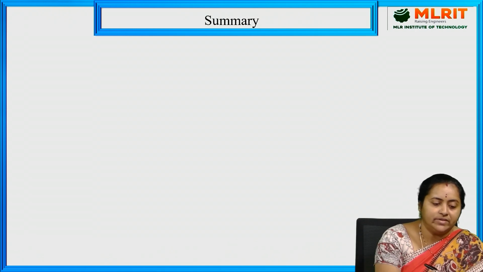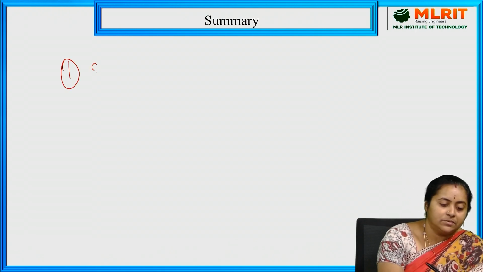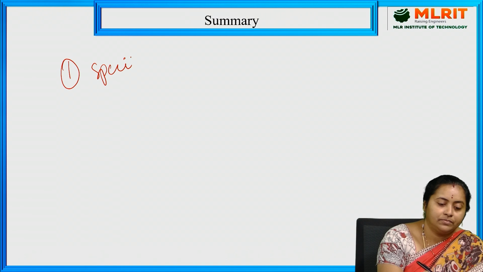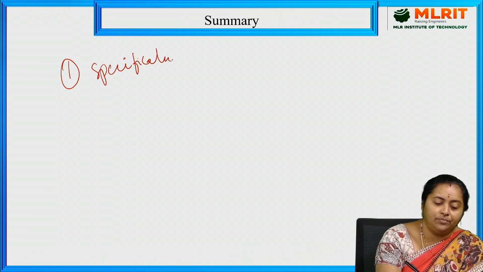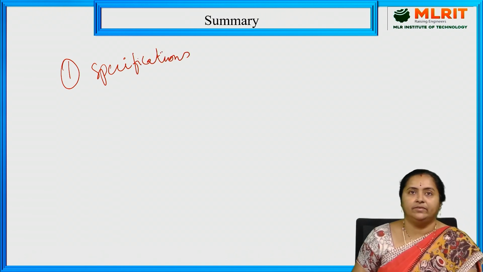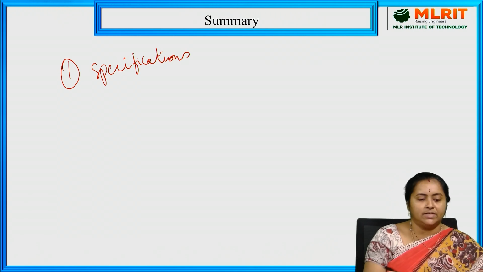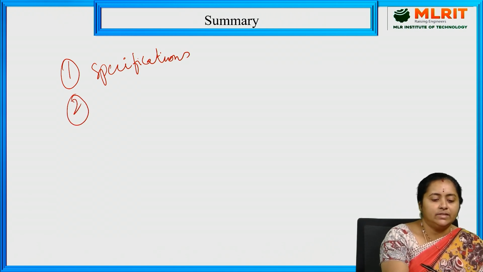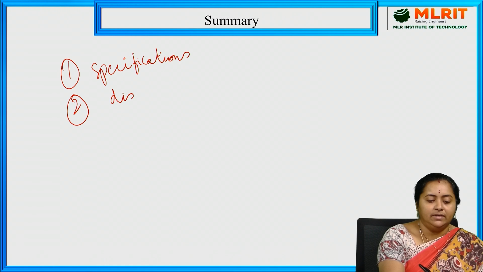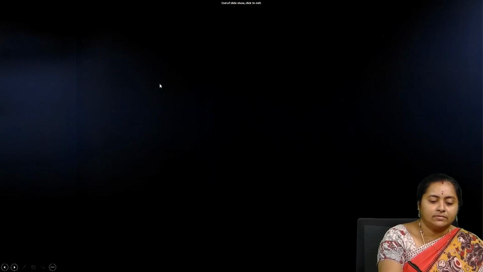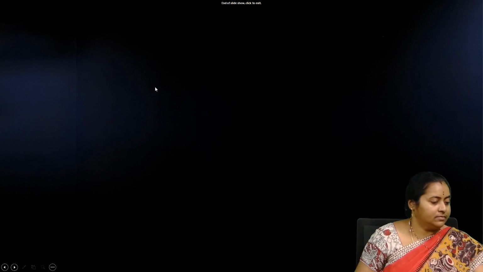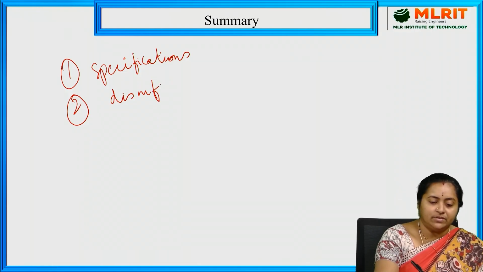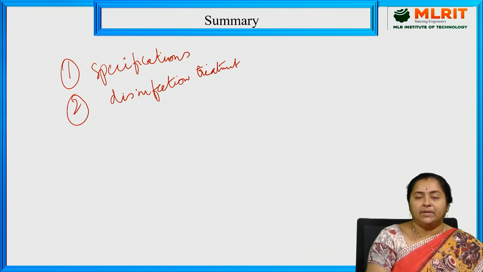So far what we have discussed in today's class: first, the specifications of potable water, that is drinking water, given by WHO, the World Health Organization. And second is disinfection treatment, the disinfection treatment methods for drinking water.